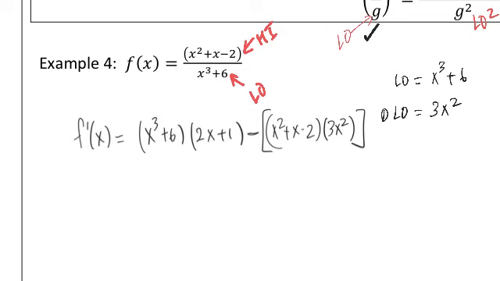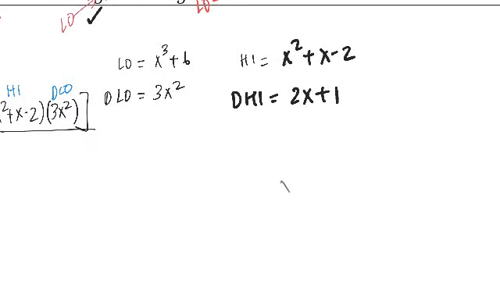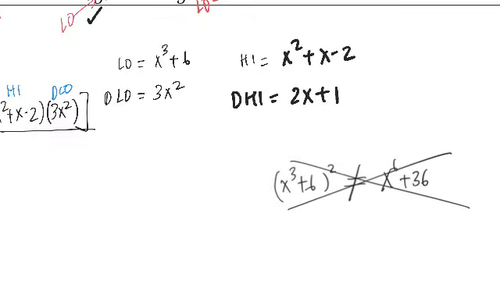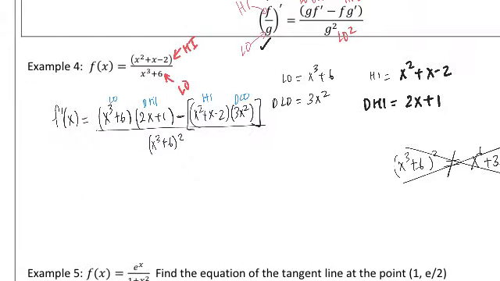So low d high, this is low d high minus high d low, okay? And then it's going to be over low squared, which is x cubed plus 6, the quantity squared. Please remember that x cubed plus 6, the quantity squared, is not equal to x to the 6 plus 36. That is incorrect. So we're going to just leave it like that for now.